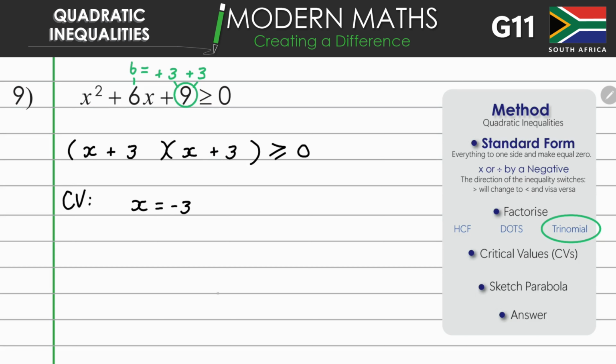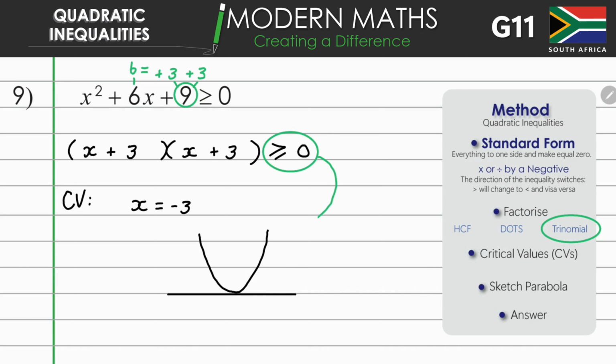So if it gives us one critical value, remember the turning point of our parabola, or as I call it, the bum of our parabola, will sit on the number line. So it's going to just touch the number line and then go back up. Okay, so once I do that, I plot my little critical value on the turning point.